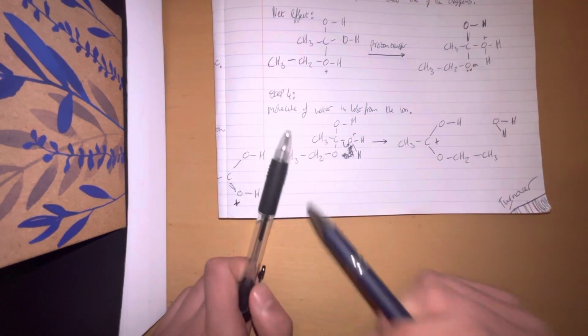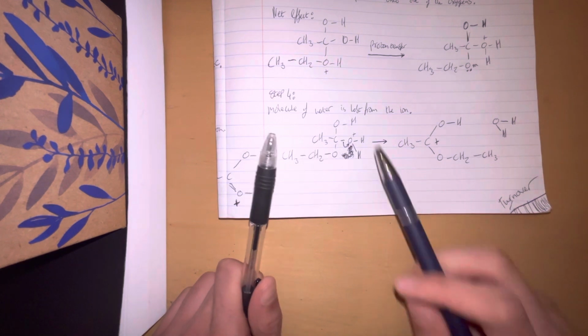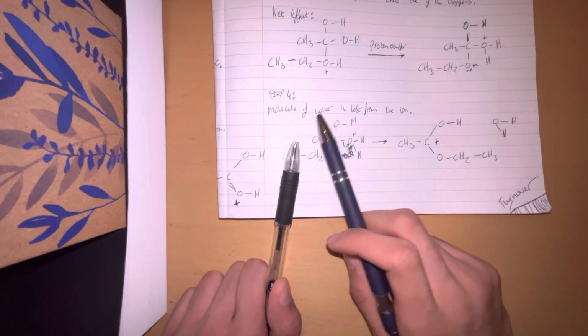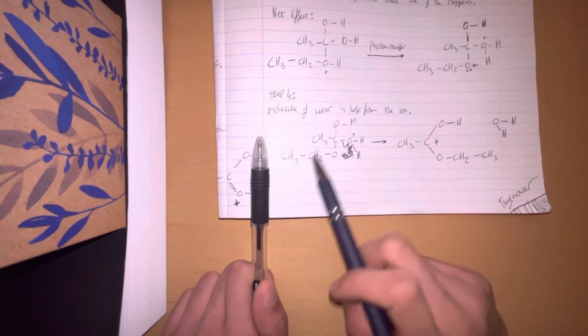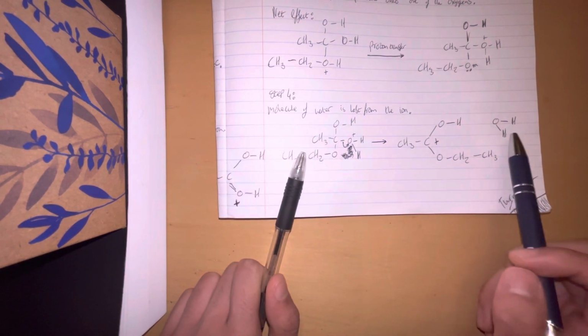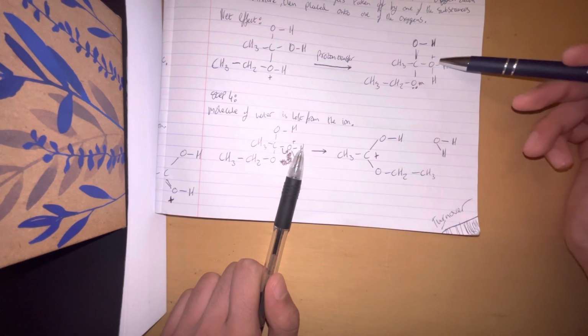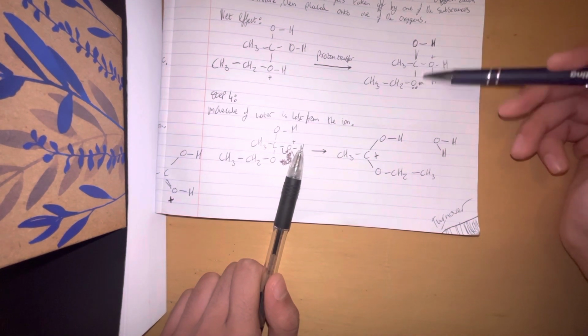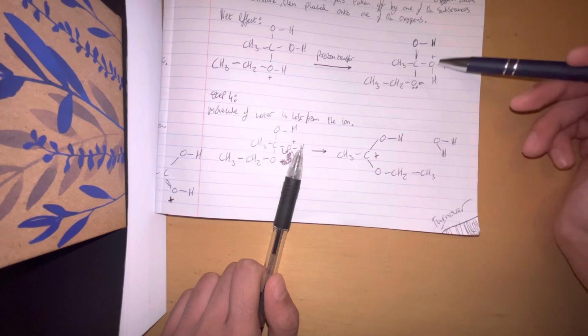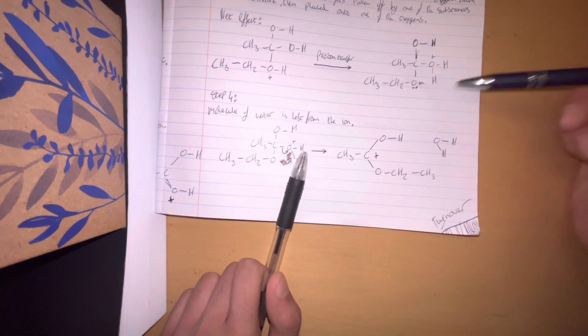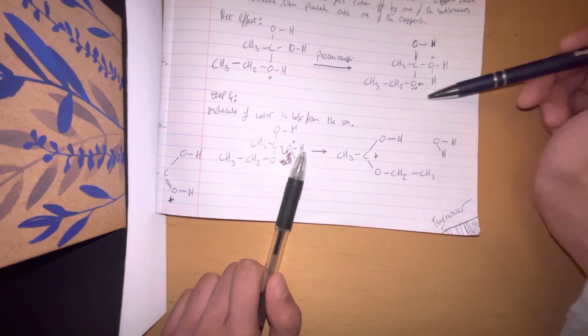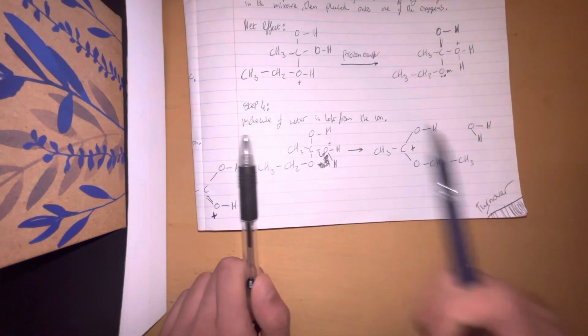A molecule of water is lost from the ion. So this part here, because it's partially positive, would break from here, leaving this as H2O. 2 hydrogens, 1 oxygen, therefore it's water.